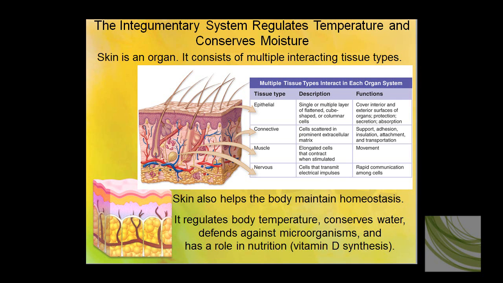Integumentary system regulates temperature and conserves moisture. It's also your first line of defense against any kind of pathogen. A pathogen is any organism that can cause you to get ill or sick. It has a role in nutrition, basically vitamin D synthesis.